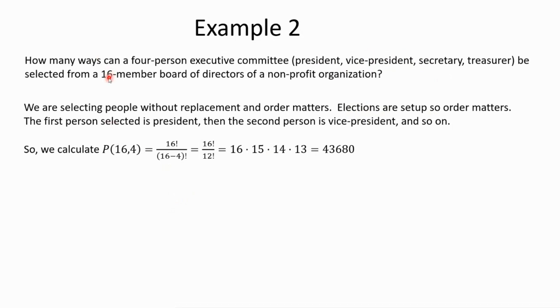There's 16 people, and you're choosing 4 of them. So you would have P of 16 comma 4. And if you do that in Desmos, this is what you would end up typing, just like I did before, and you would end up getting this amount. This is the calculation with factorials, but you could just use Desmos if you want, and you would get this.